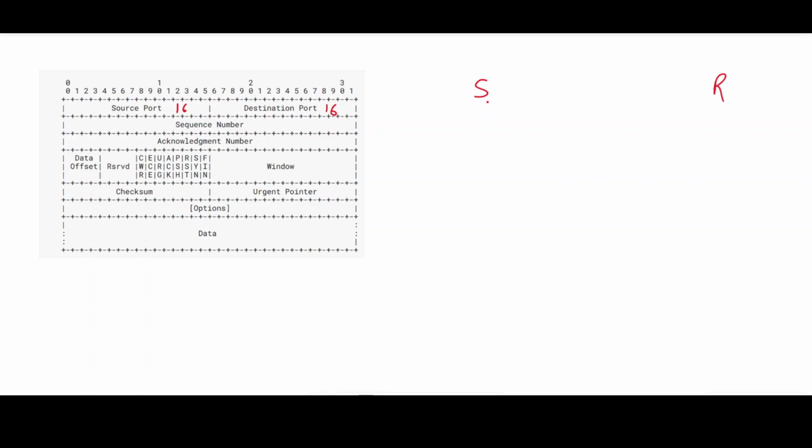If the sender sends any segment, any data to the receiver, then it uses source port and destination port. The port is a 16-bit field, and it gives information about the port number.